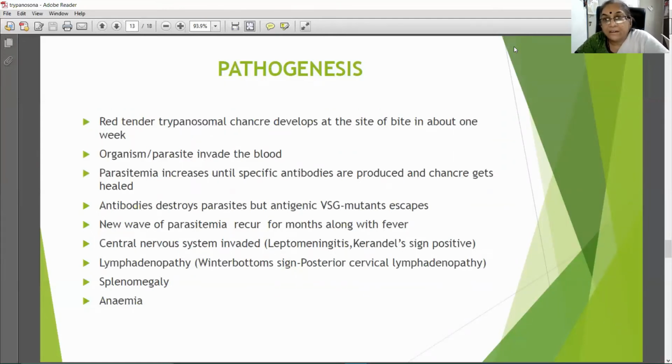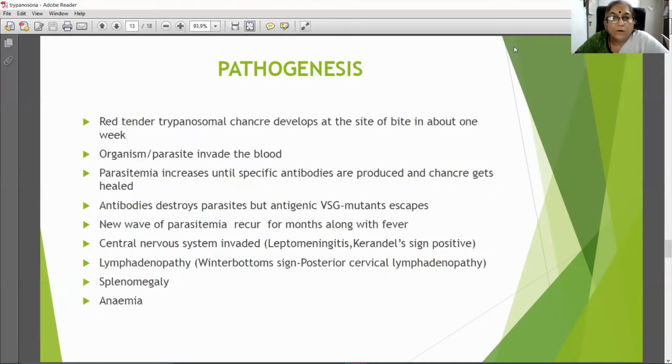But as I told you earlier, these parasites have VSG, that is, variant surface glycoprotein. So this newly multiplied population of parasites will escape, and the older ones, which have the older surface antigen, will be killed.